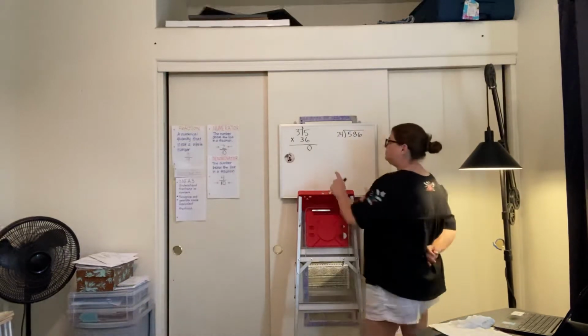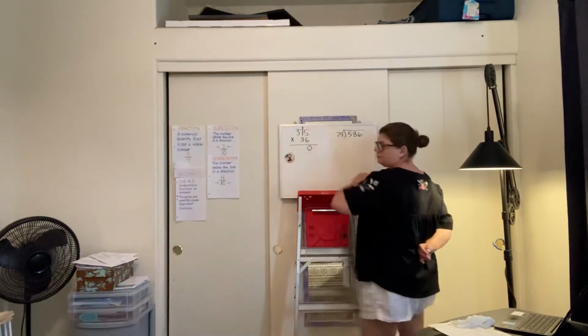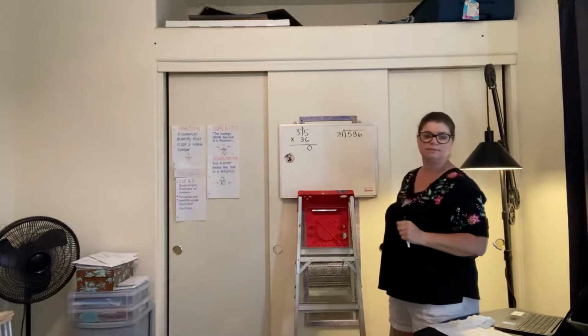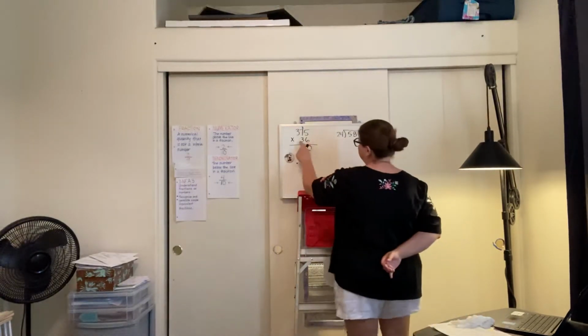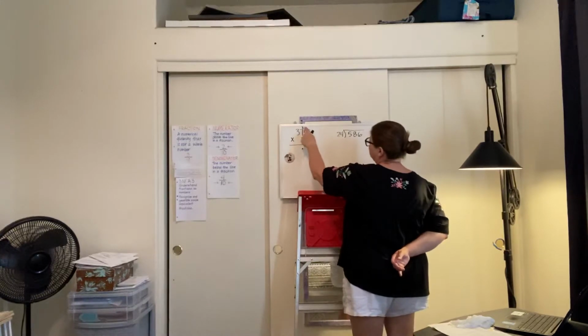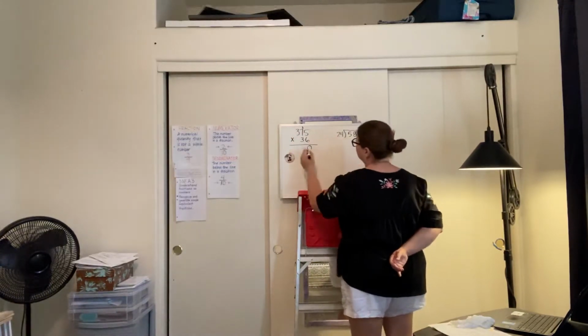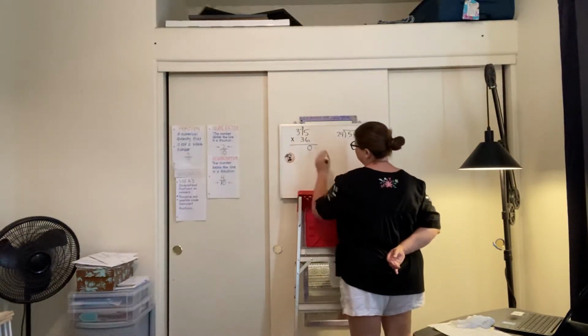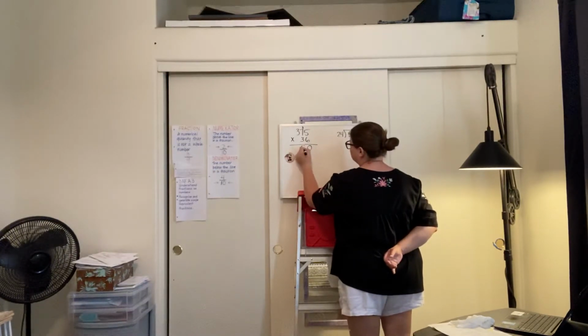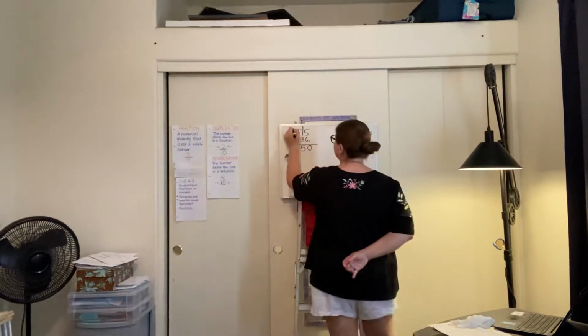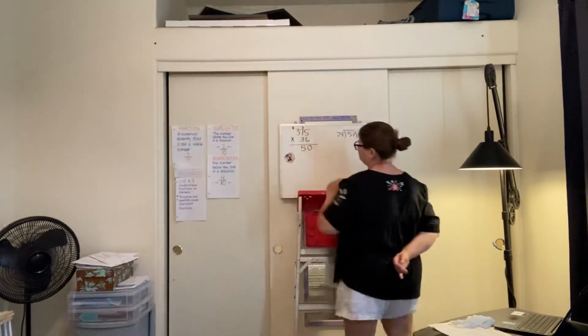Okay. Now what do we do with the 3 up here? Robert. Yes, we're going to add it. So 6 times 7 plus 3 is 45. 6 times 7 is 42, plus 3 is 45. So I'm going to write the 5, carry the 4.